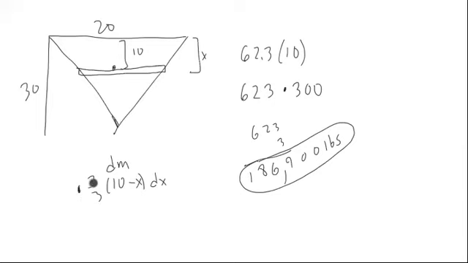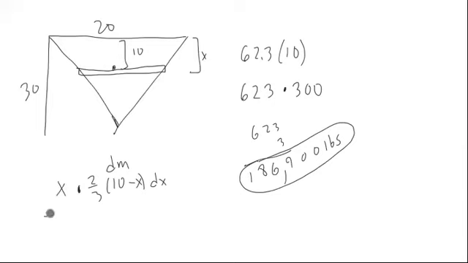That was in the actual integral that we were computing. And then we had the pressure. Remember how we multiplied by pressure? In the pressure calculation, we had 62.3x. So we're multiplying that by x and 62.3.